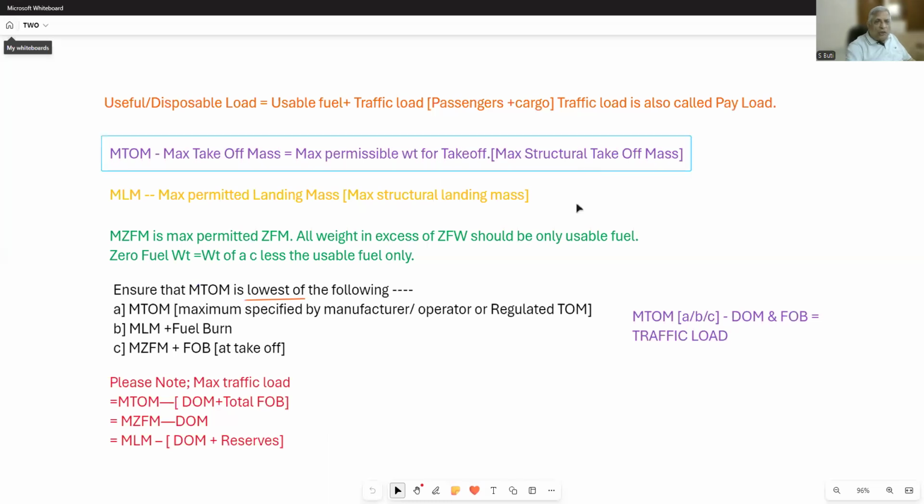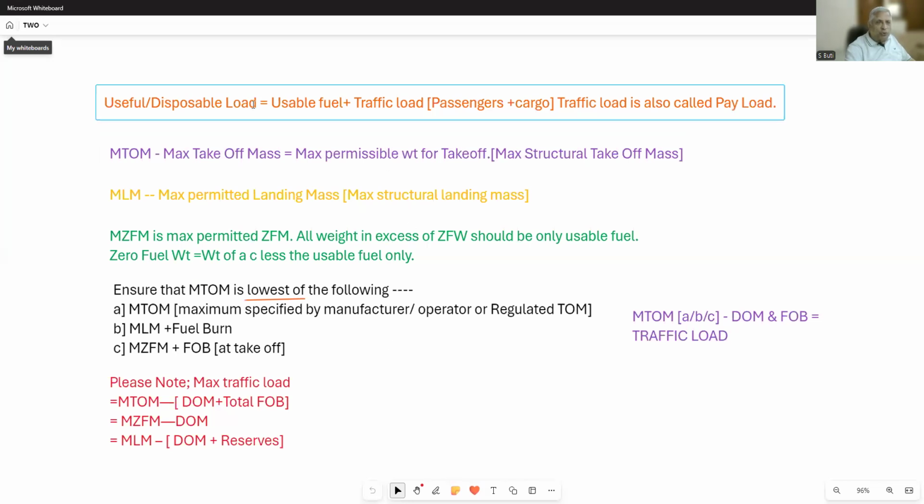Some more terms you need to add to your vocabulary: useful or disposable load. It is the usable fuel, not the reserve, plus the traffic load. Traffic load, also known as the payload, for which the airline gets paid, is passengers plus cargo.